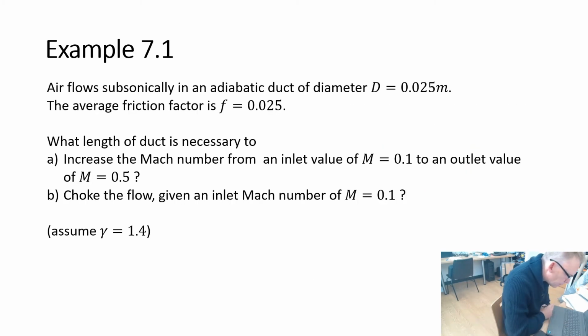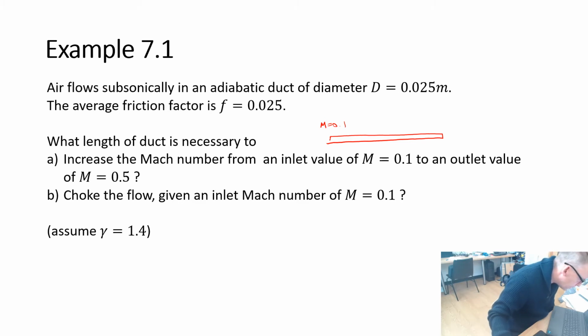So let's do a couple of simple examples. In the first one, we're going to look at flow in a pipe and ask ourselves, if we start off with a pipe with a Mach number of 0.1, remember that when it's subsonic, the Mach number increases up to the sonic case of Mach number 1.